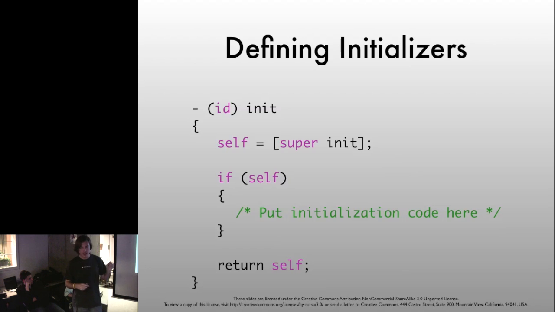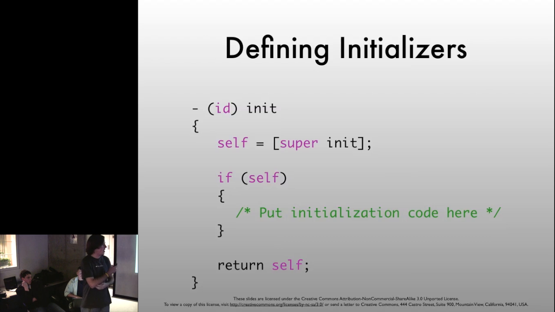Then there's this kind of funky looking if self. The reason for that is there's a chance initialization fails. There's an object called nil that I'm going to talk about in a little bit, but it's kind of the nothing object, and the idea is if for whatever reason an initialization fails, it can return nothing as its value. So if for whatever reason my parent's initialization fails, I don't want to do any of my custom initialization, I just want to abort.